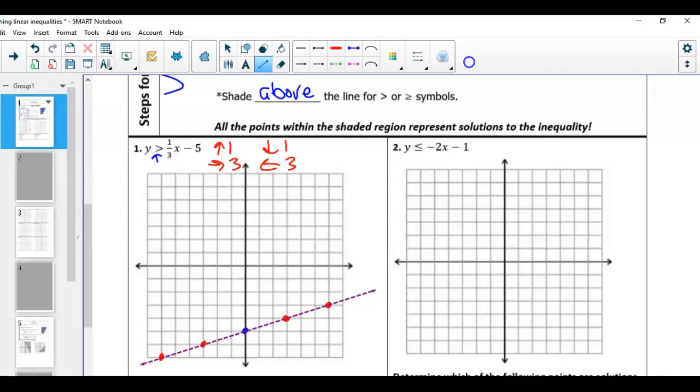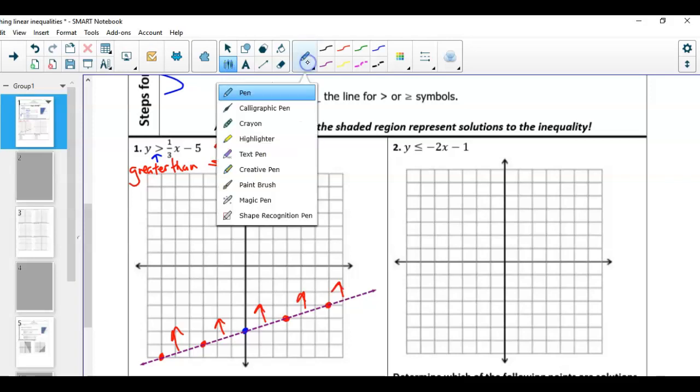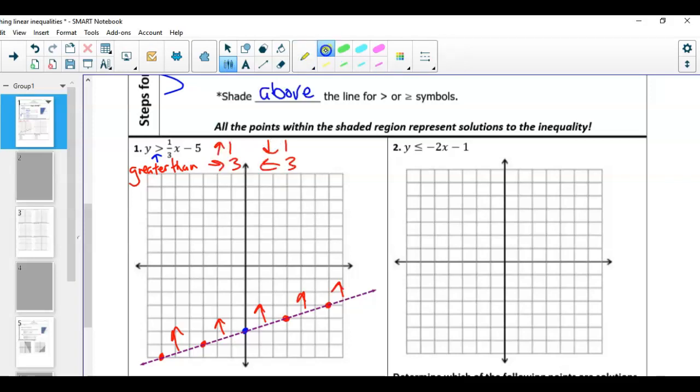This is a greater than, so that means I need to shade above this line. So you could color in every single square, or you could just do a general shading above.